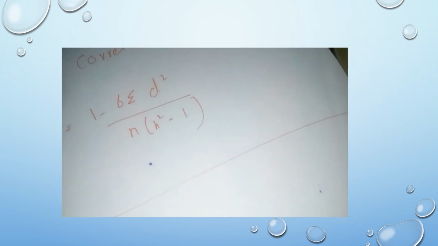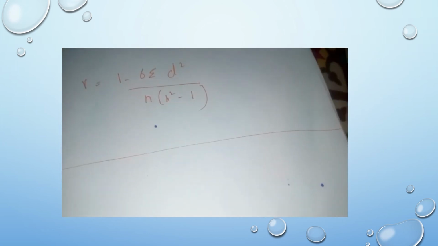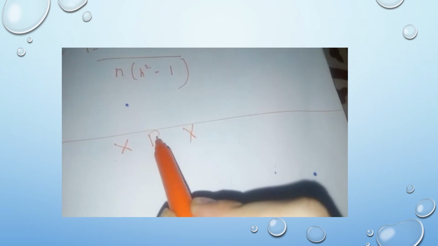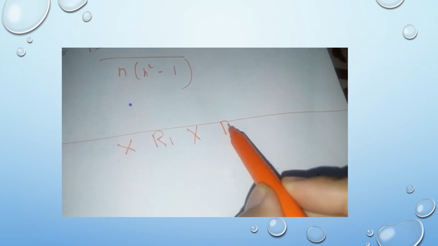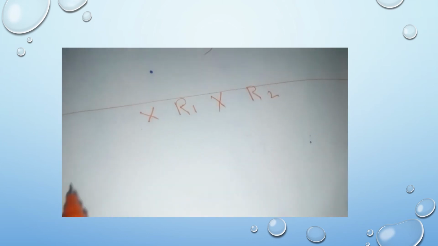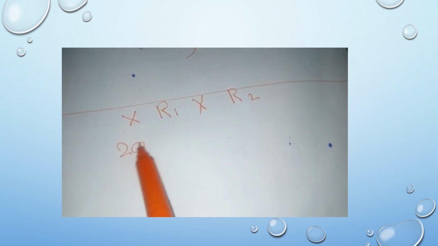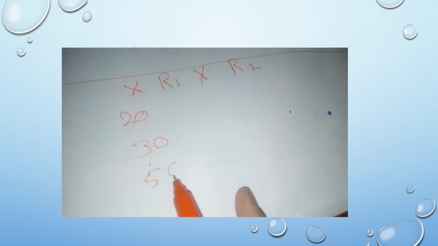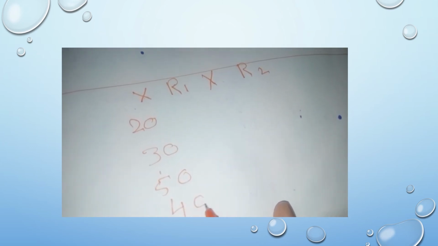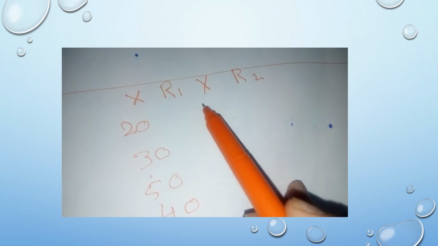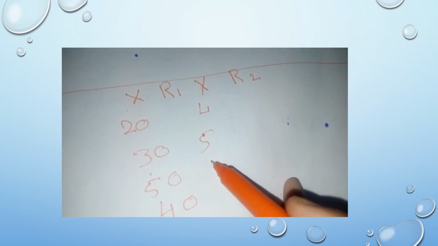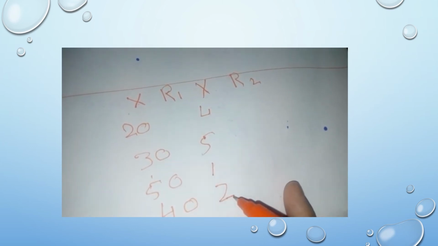If the ranks are not given, how do we calculate rank? Like this is x, this is y, rank 1, rank 2. So the data is 20, 30, 50 and 40. And y is 4, 5, 1, 2.